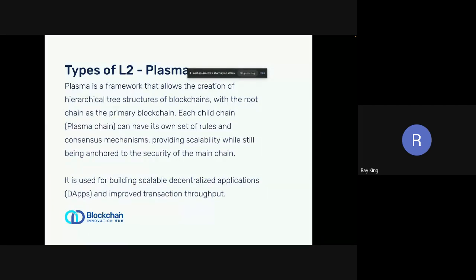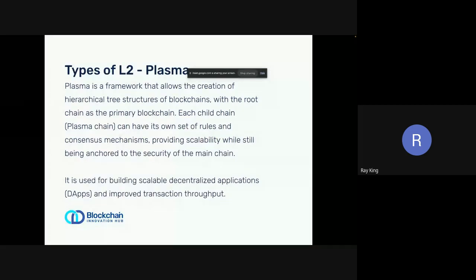It is independent and can set its own rules and the consensus mechanism it wants to use. These side chains can also process transactions more efficiently and quickly than the main chain. Since they have the liberty to set their own rules, they can process transactions more efficiently and quickly, even more than the main chain.